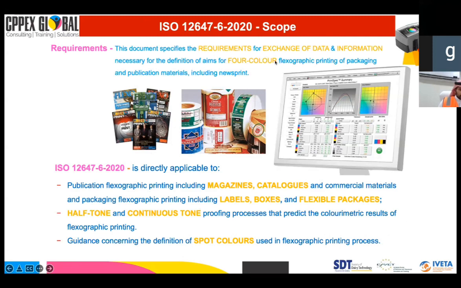It's used for packaging and publication materials, labels in the main. So 12647-6 is directly applicable to all of these categories, and spot colors form a large part of that. And the communication of spot color information also forms a large part of that.